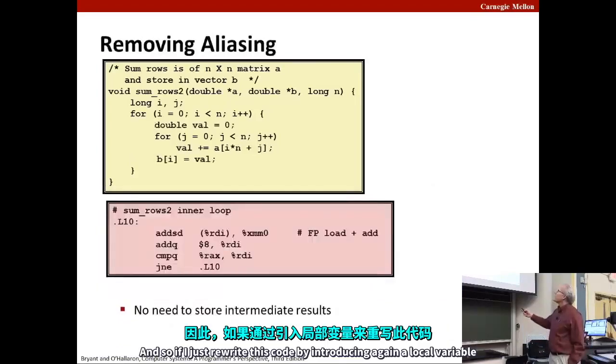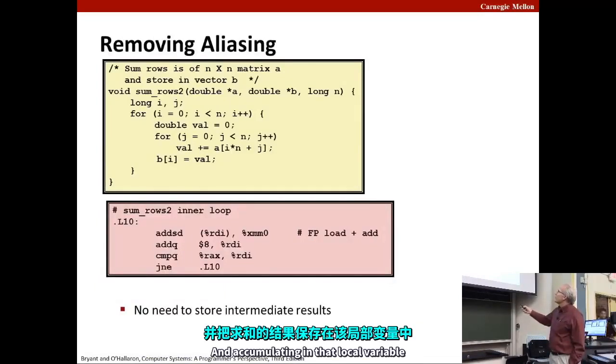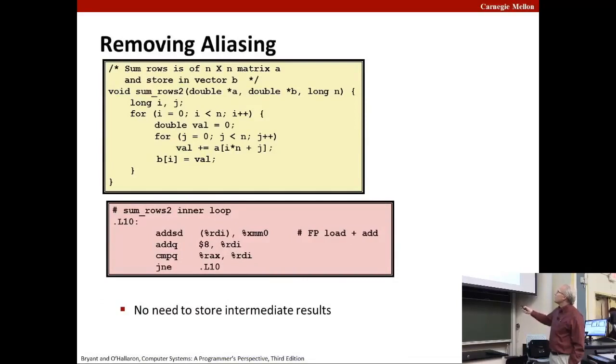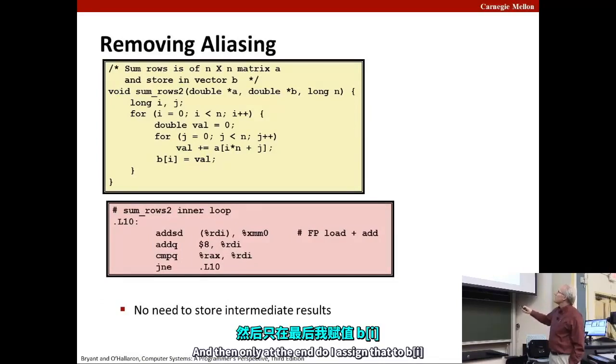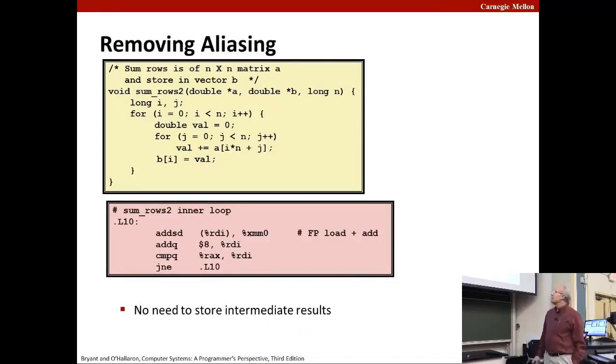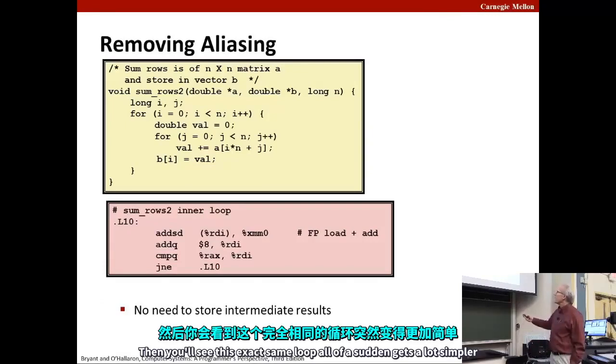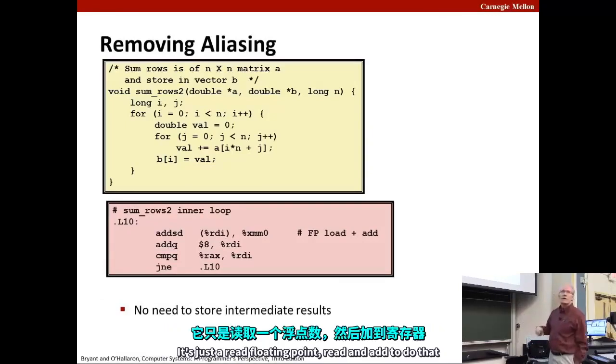And so if I just rewrite this code by introducing, again, a local variable and accumulating in that local variable and then only at the end assign that to b sub I, then you'll see this exact same loop all of a sudden gets a lot simpler. It's just a floating point read and add to do that.